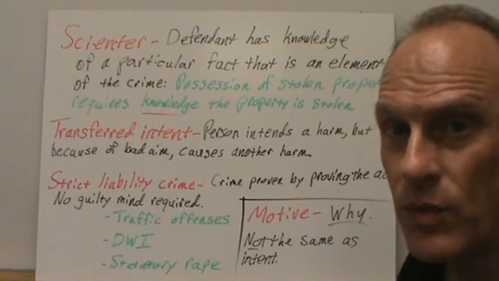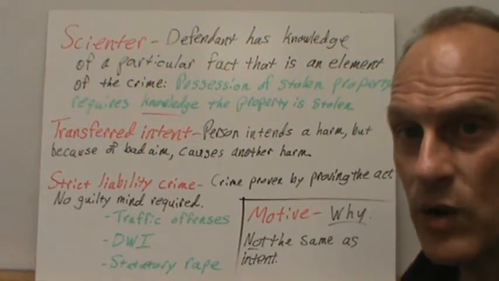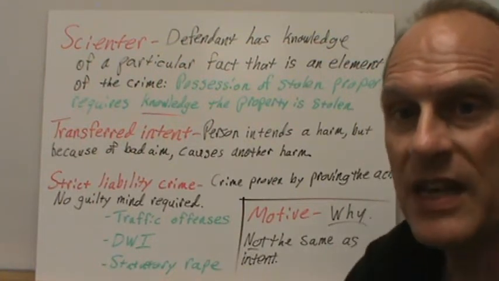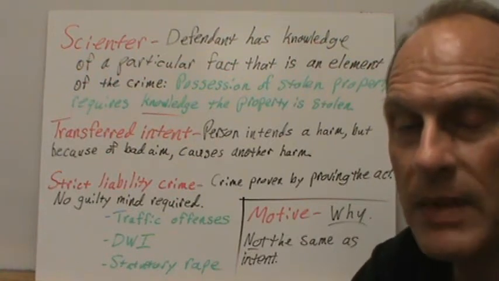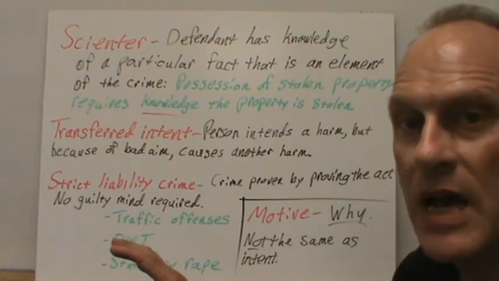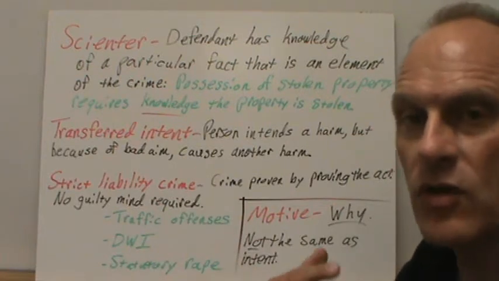So under the law, with this concept of transferred intent, we say that the original intent to cause the intended harm is transferred to the intent to cause the harm that was actually caused. So it's transferred intent.